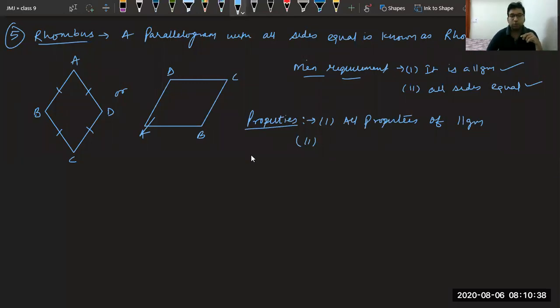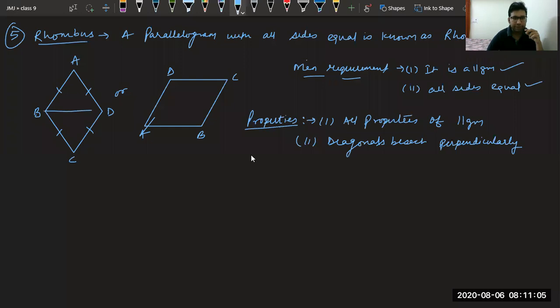Now, so all properties of parallelogram. Second one is diagonals bisect perpendicularly. So they are bisecting normally also.